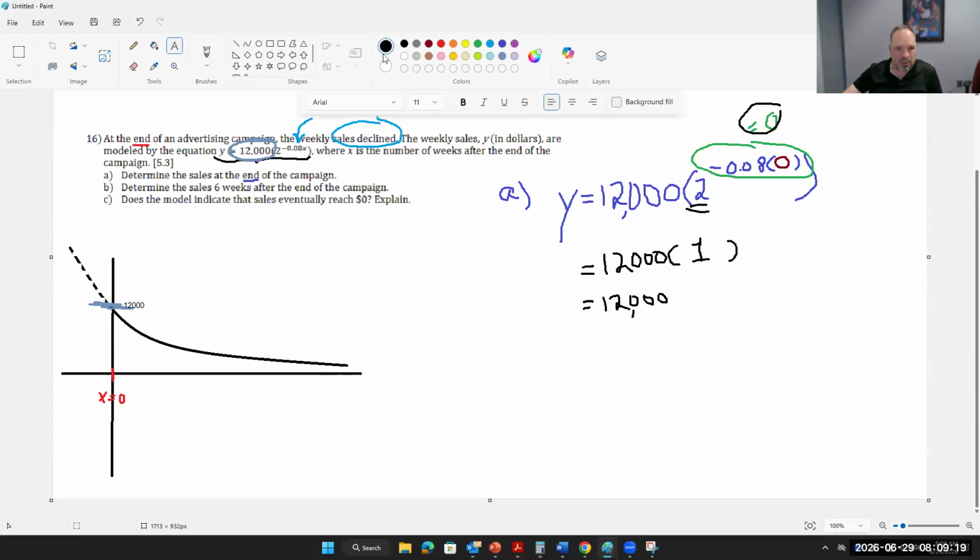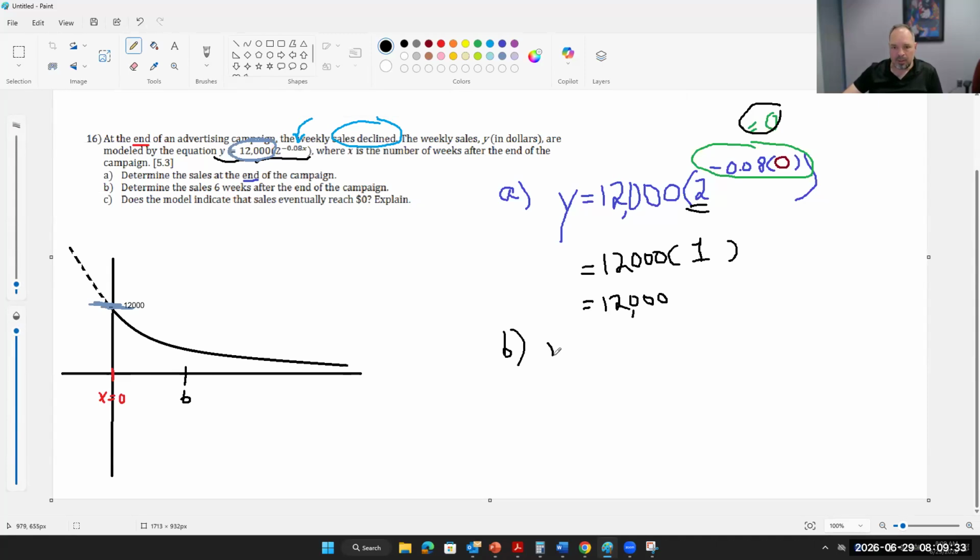Now, 6 weeks into the campaign, that value is somewhere, I don't know, let's say it's over here. This is 6. So we're going to plug in 6. Just to make it easy for me, I'm going to write 12K, since it's a little hard to write with my mouse here.